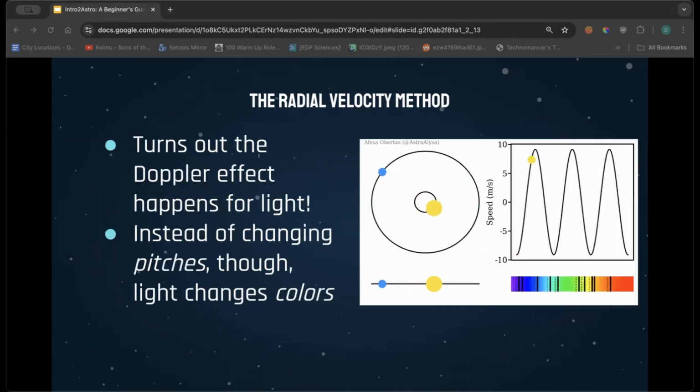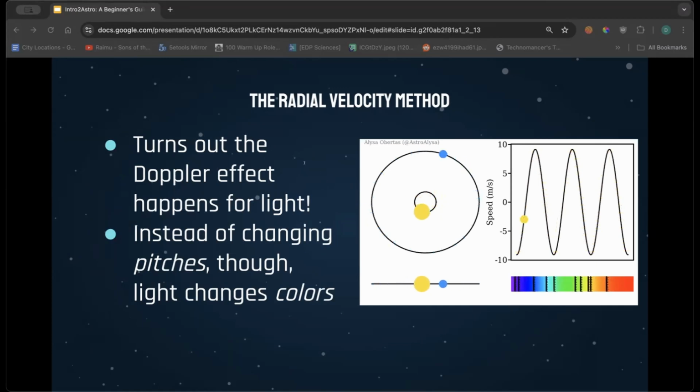And it turns out that there is a way to do that. Stars emit a lot of light, and light undergoes the exact same Doppler effect that sound does. So as a planet circles a star, the star is going to trace out smaller circles from the gravity due to the planet. And the light is going to change frequency in the same way that sound changes frequency.